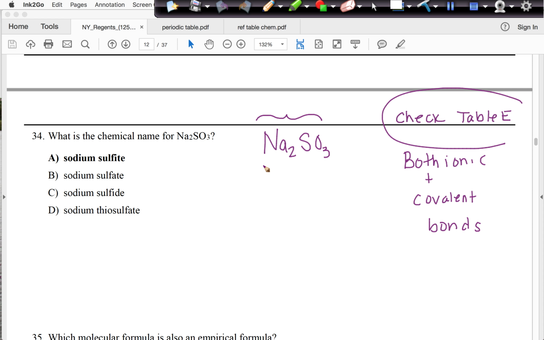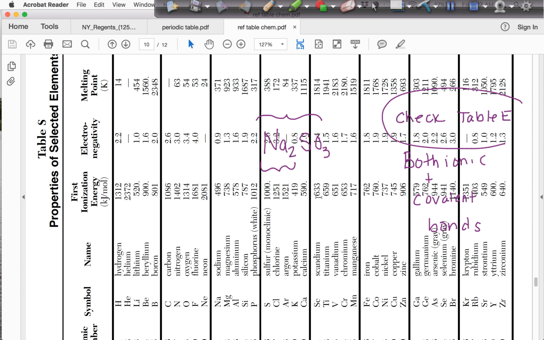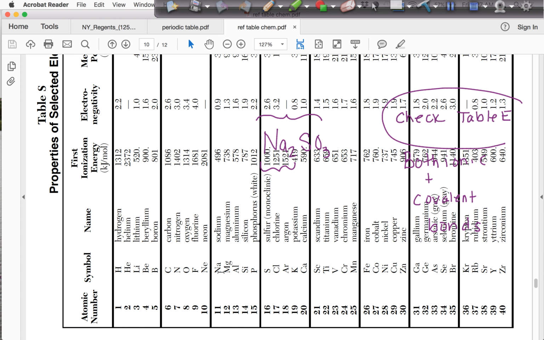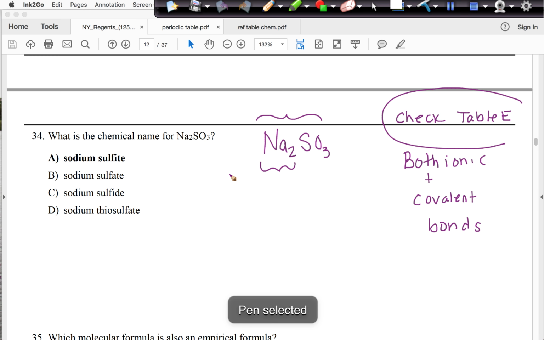So we are going to look on table S for the name of Na. When we look at table S, this has been a lot of table S work, Na is called sodium. So the first part of the name is sodium.